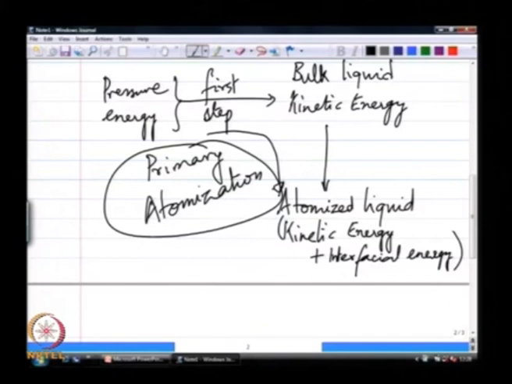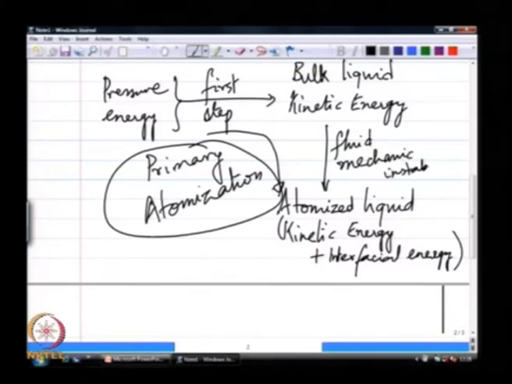This route of taking pressurized liquid, increasing the kinetic energy of that bulk liquid and some fluid mechanic process in the middle, typically some sort of an instability in the fluid mechanic flow fields, we will see this later on, gives rise to atomized liquid that has kinetic energy and some increased interfacial energy.